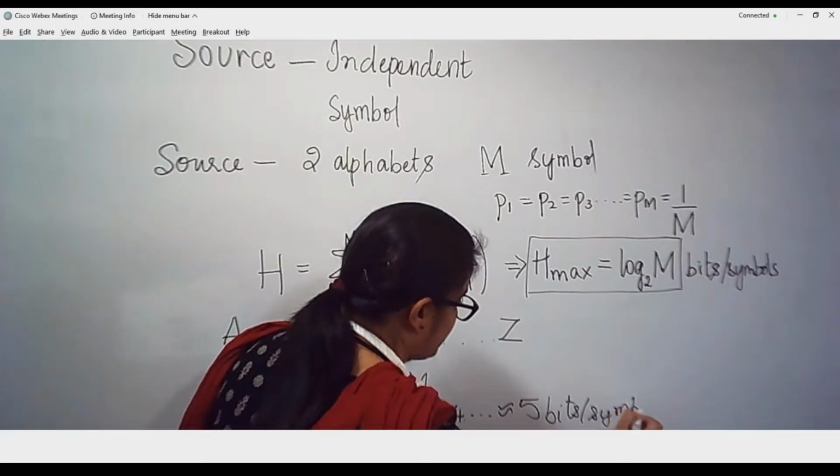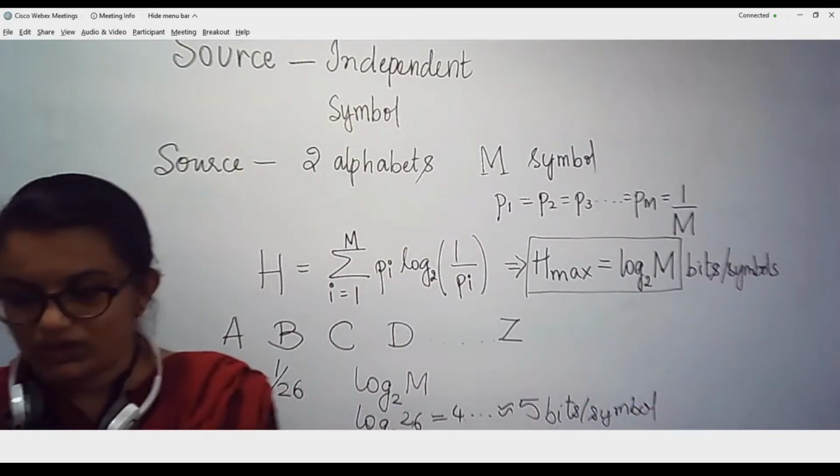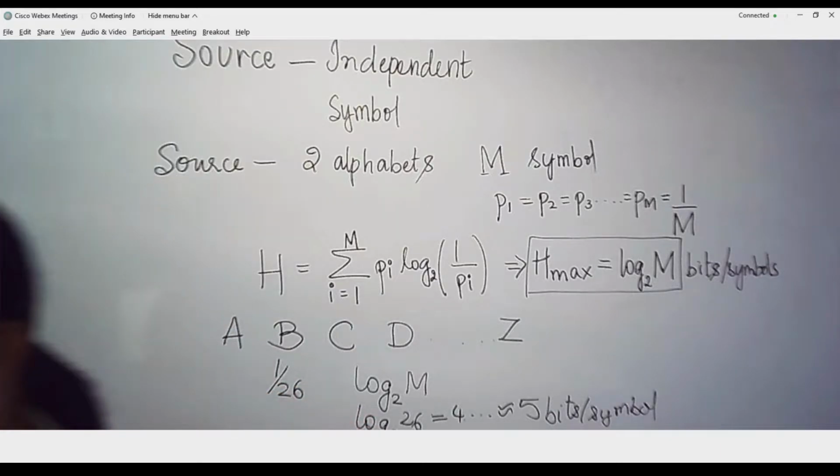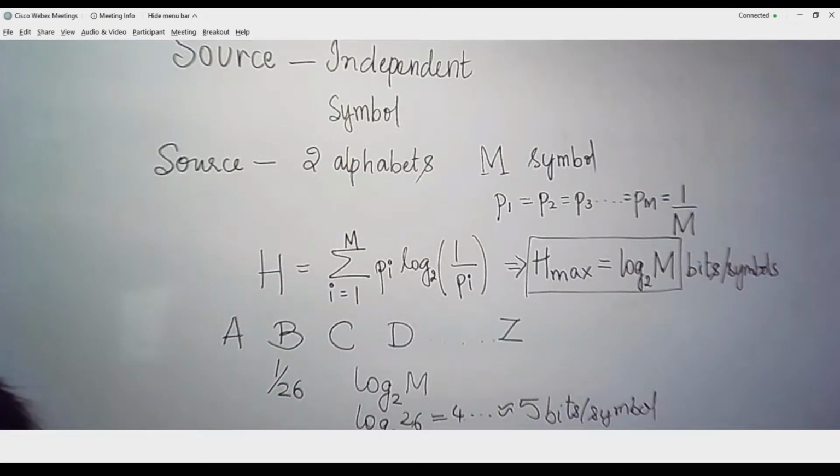So this is quite obvious. Why? Because when all the symbols are independent of each other, it is necessary to represent all the symbols equally, without being biased. This is a validation of the statement that was made yesterday, that whenever I have a statistically independent source generating symbols which are independent of each other, such a system will have maximum entropy.